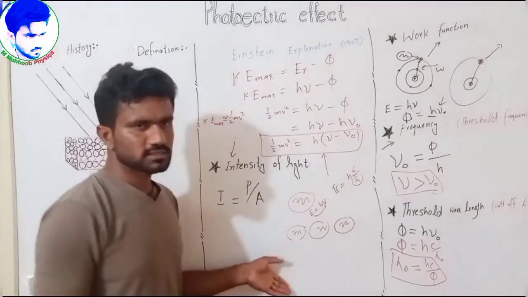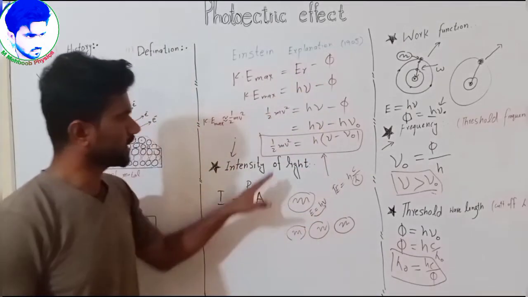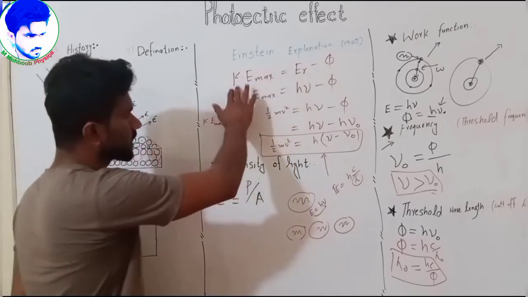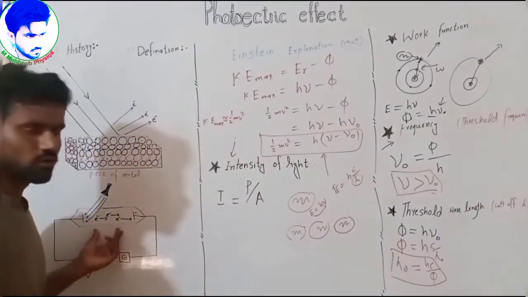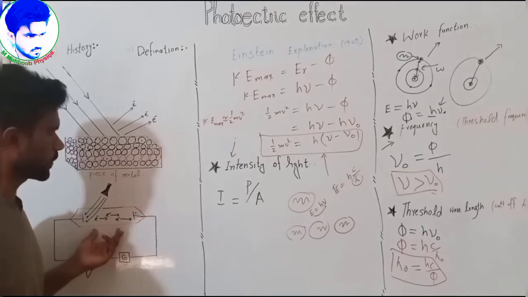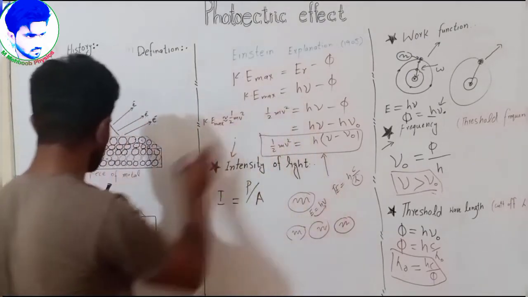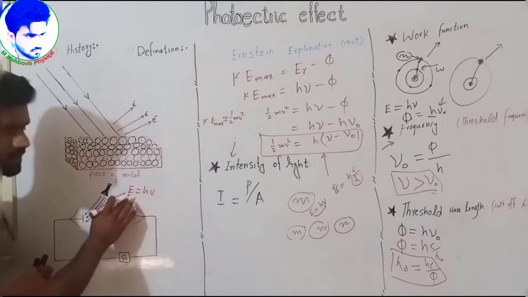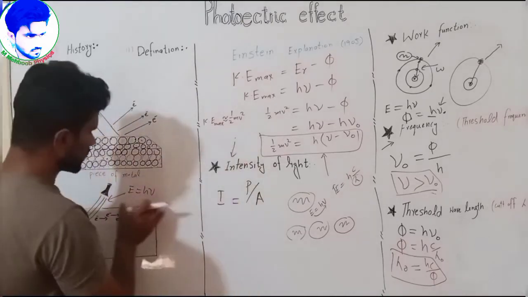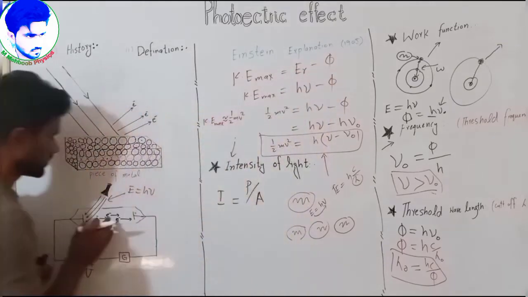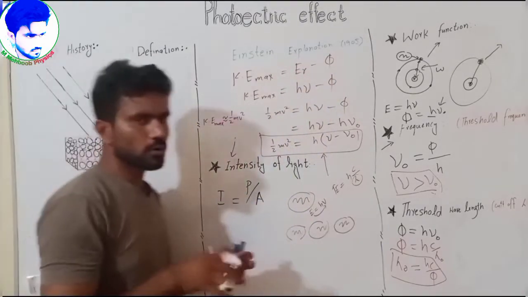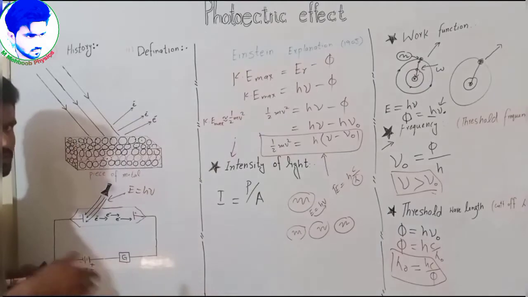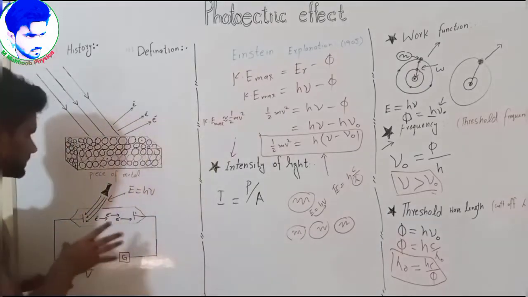So that was the explanation given by Einstein, and what this equation basically tells us is that the kinetic energy of the emitted photoelectrons is equal to h nu, the total amount of energy given by the light photons, minus the work function, the energy used to break the binding forces between the nucleus and the electron, or the energy required to eject an electron from the metal surface.